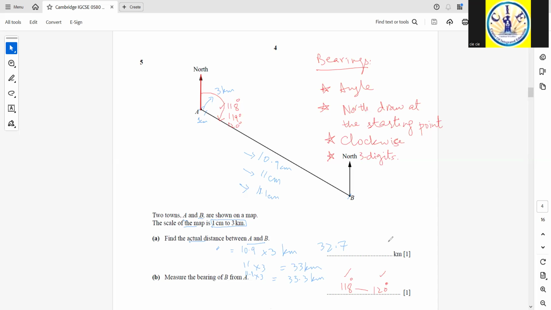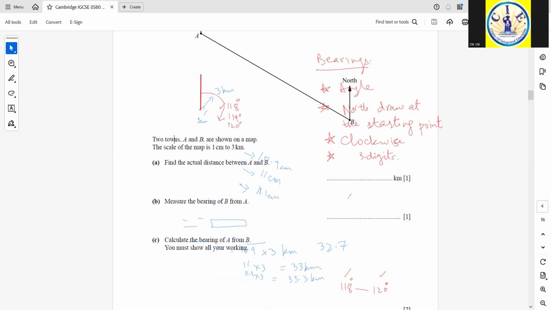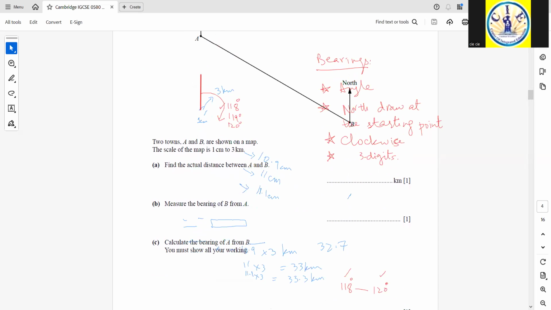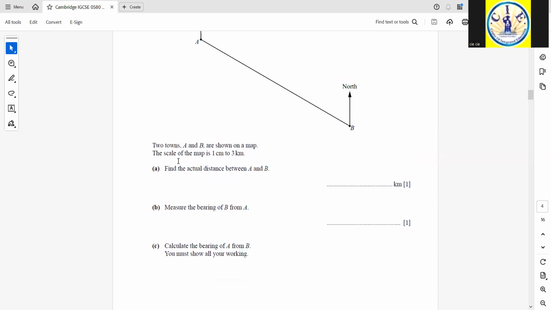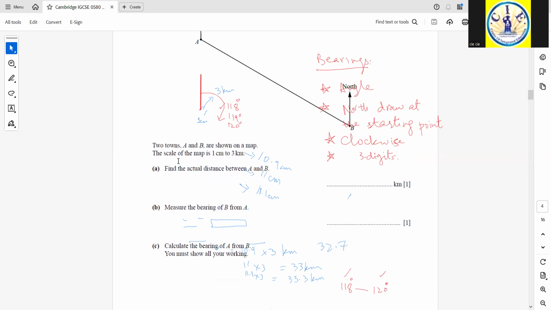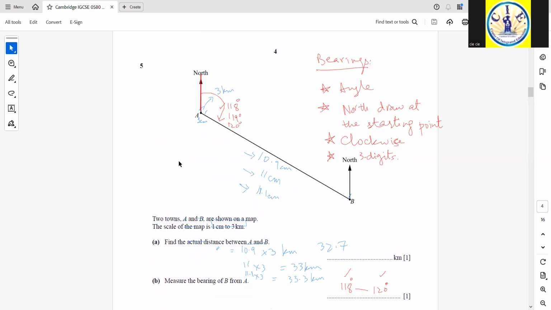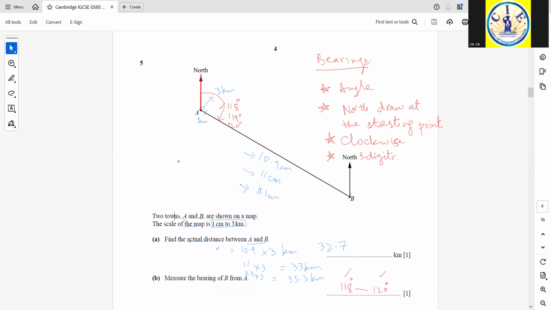Okay, then for part C, this is calculate the bearing of A from B. Since we need to measure the bearing from B, we need to draw north at point B now, like this.